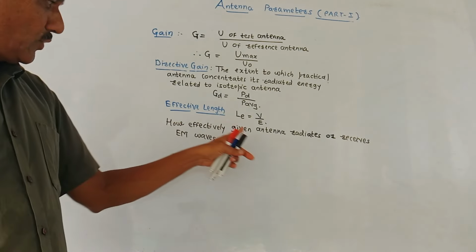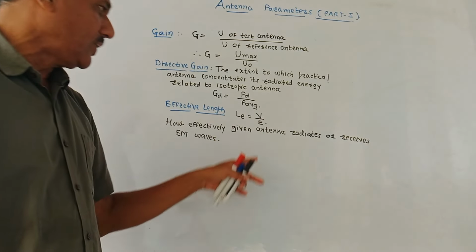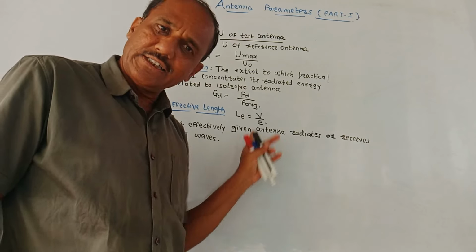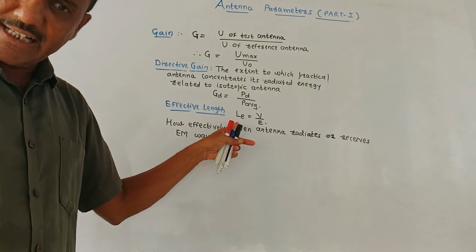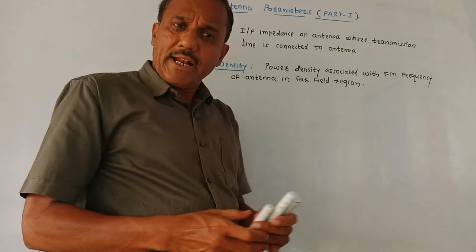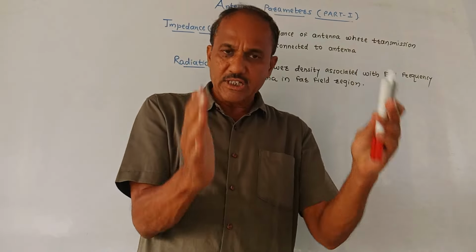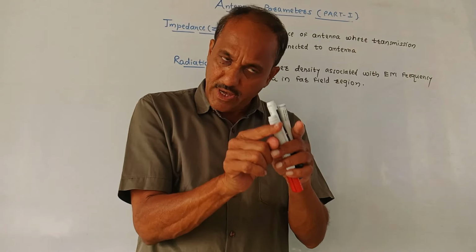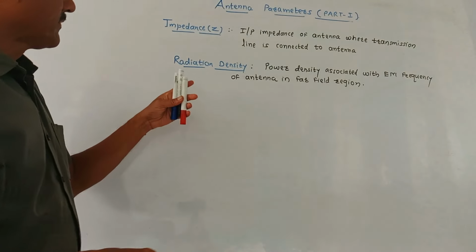Effective length gives us an idea how effectively the given antenna radiates or receives EM, that is electromagnetic waves. The notation is LE, effective length. The formula is voltage upon electric field intensity. Next is impedance of an antenna. Basically it represents input impedance, and we have to measure this input impedance at the point where a transmission line is connected to the antenna.